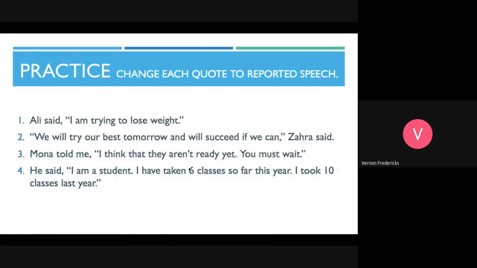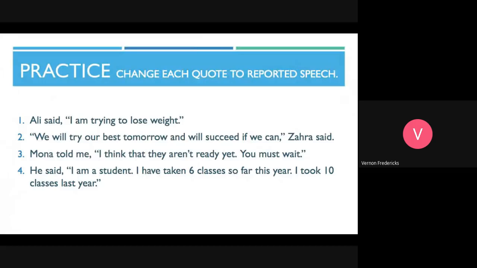Sentence number 1: Ali said, I am trying to lose weight. Number 2: We will try our best tomorrow and will succeed if we can, Zahra said.